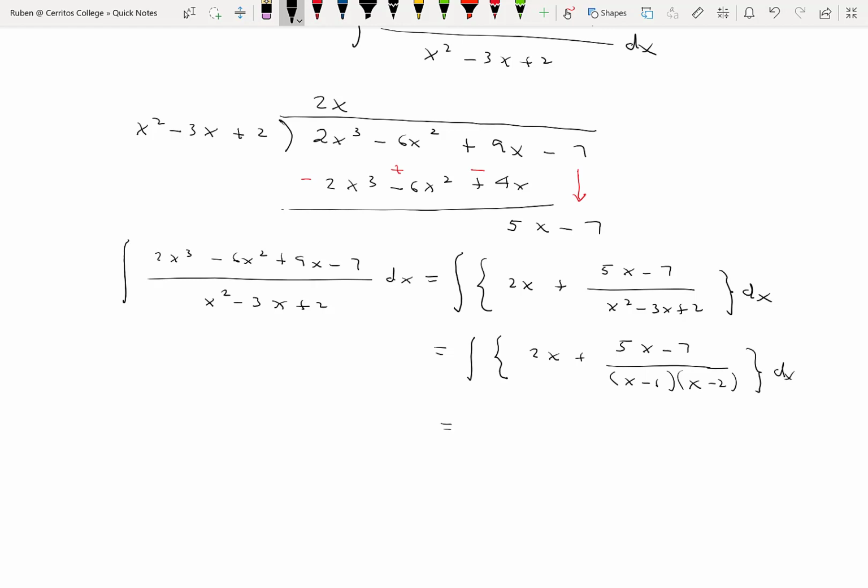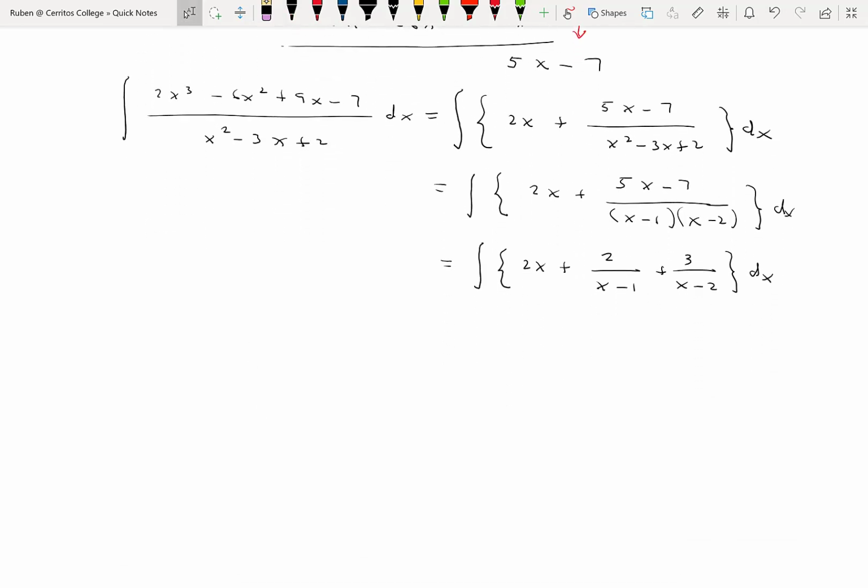We have distinct linear factors, so what we got earlier was, let's see, I don't remember. Oh, the constants were 2 and 3, so 2 over x minus 1 plus 3 over x minus 2. That saves us a good 5-10 minutes. Wish you could do that on homework, huh?